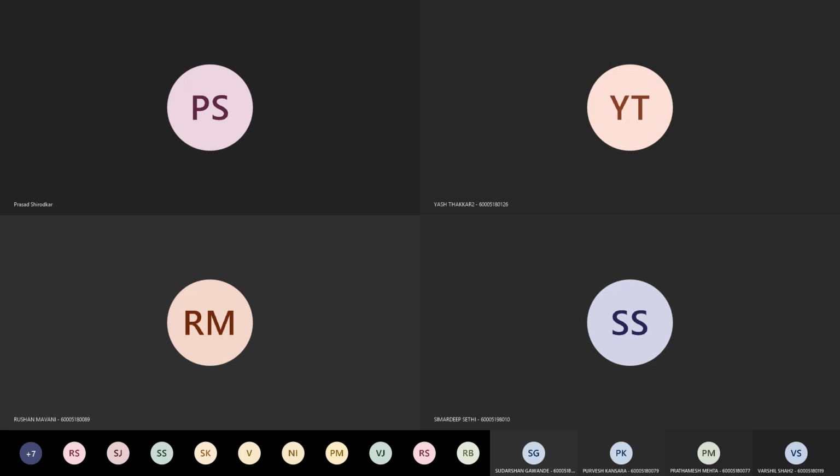So can we add this calculation page to the previous document itself?